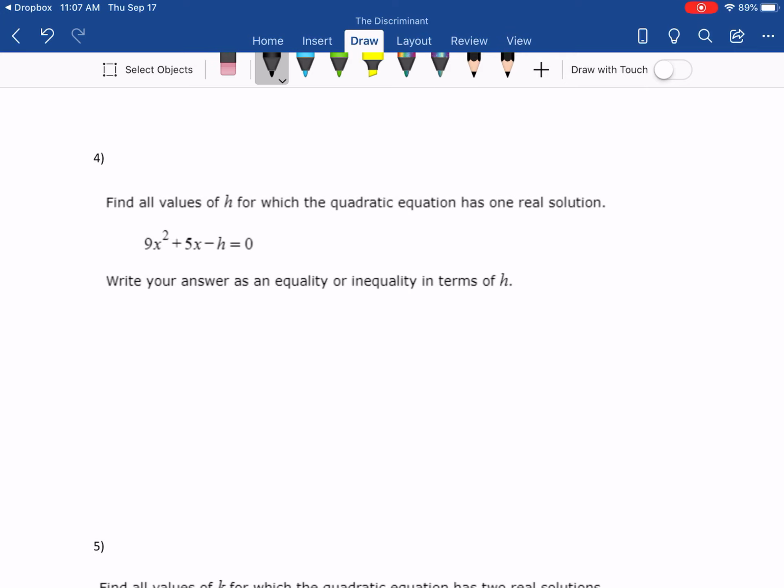Number 4, we want to know the value of h for which the quadratic equation has one real solution. One real solution, it means the discriminant is equal to 0. So we want b squared minus 4ac equal to 0. So b here is 5.